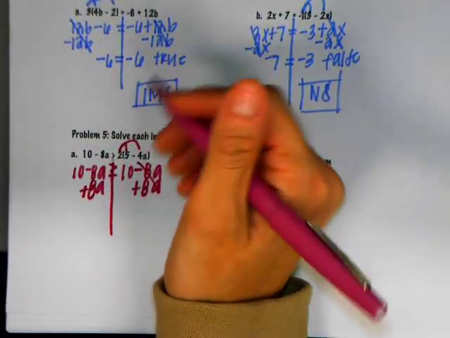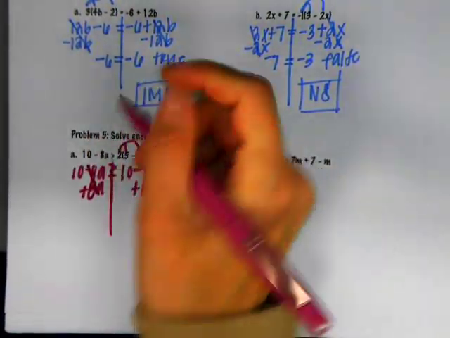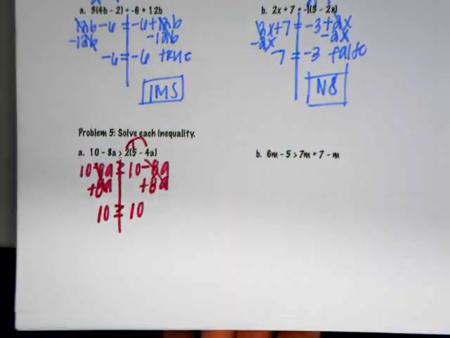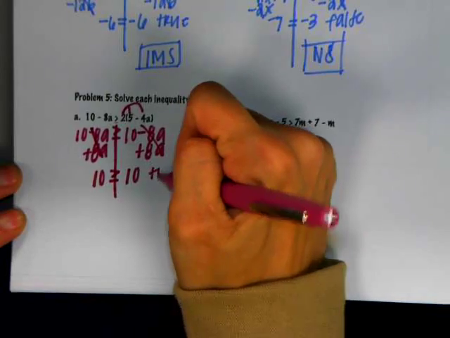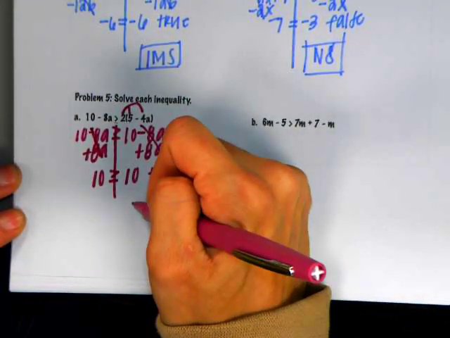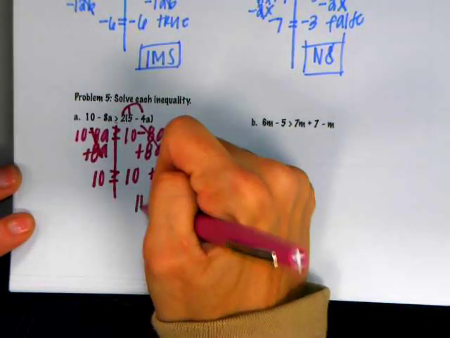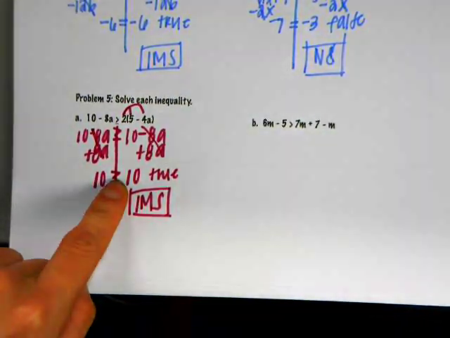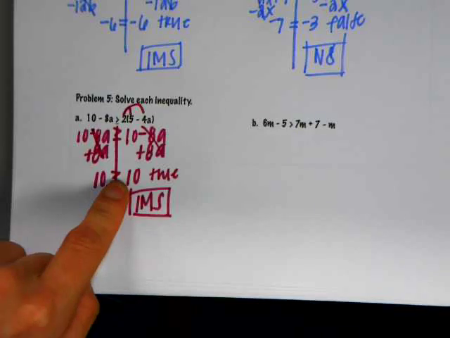Negative 8 plus 8? 0. So you have 10 is greater than or equal to 10. True or false? True. So what's your answer? Infinitely many solutions. Yep. If that line underneath it was not there and it was just 10 is greater than 10, would that be true or false? False. Yep. So just be careful.